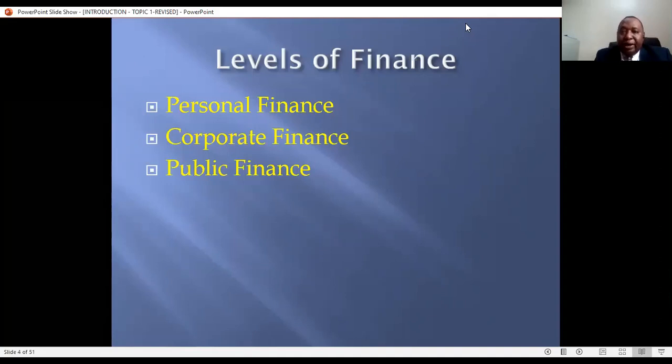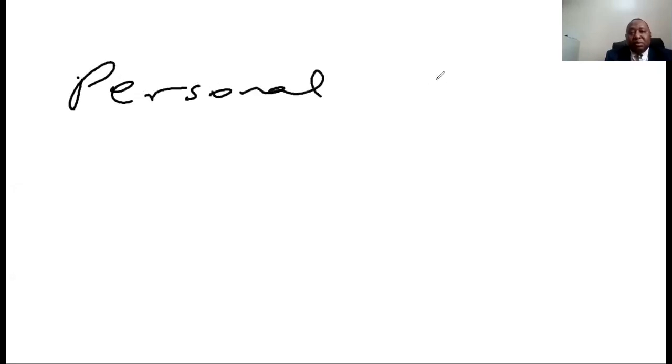That is what you would do as an individual, and this is something that we need to look at. So we have said the first one is the private, which is personal finance. If you think about personal finance, we can think about the sources of money that you have.